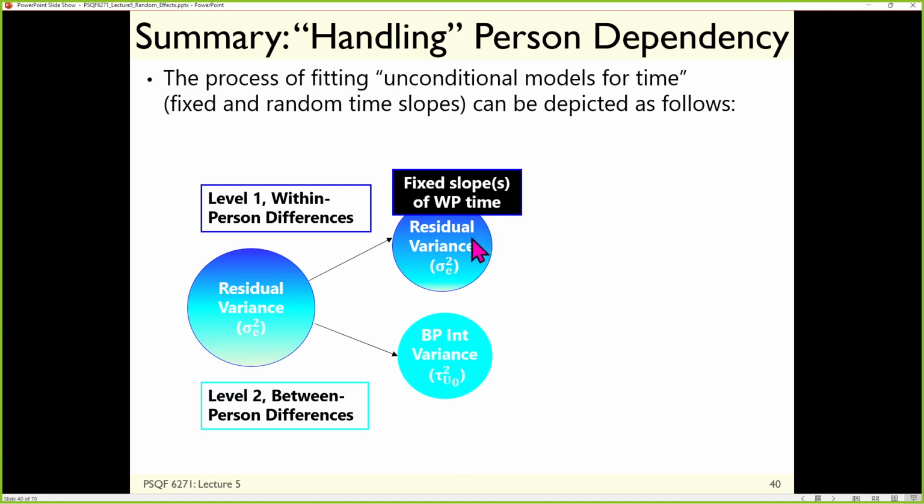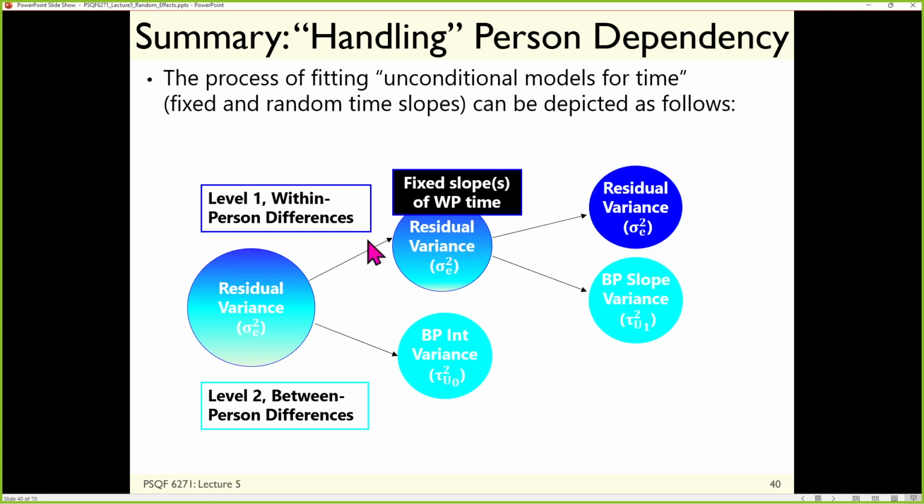So then we have the question, all right, is one slope good enough for everybody, or do people need their own? And where that potential for people to have their own slopes comes from is still E. This residual variance at level 1 splits again. Because part of the reason why we might have had the differences relative to the line is that it's not the right line.